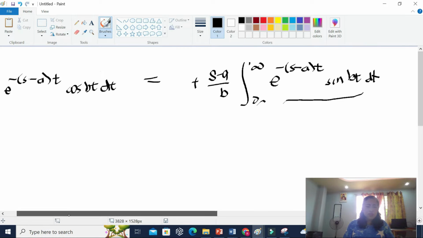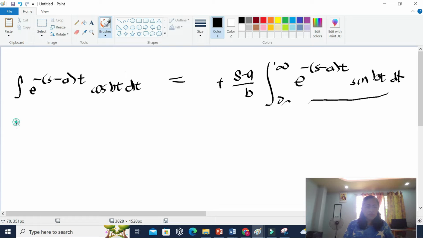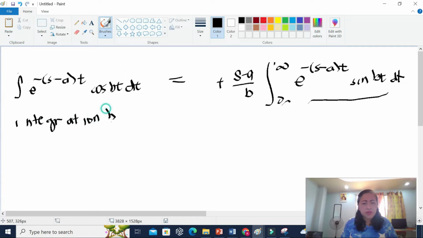So, by integration by parts, okay, yan, okay, no?